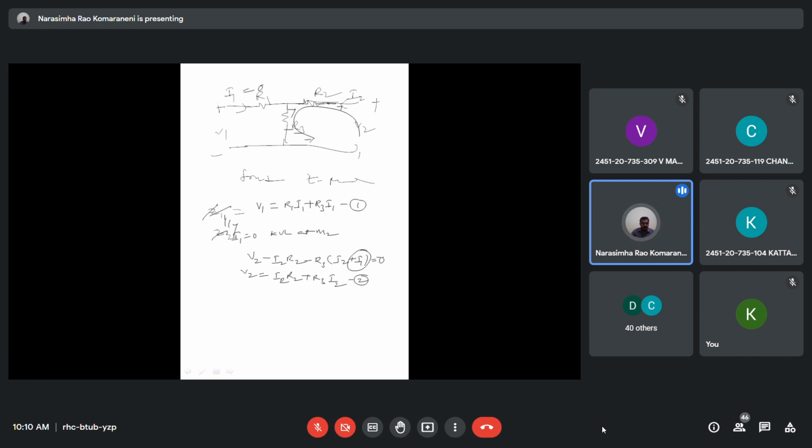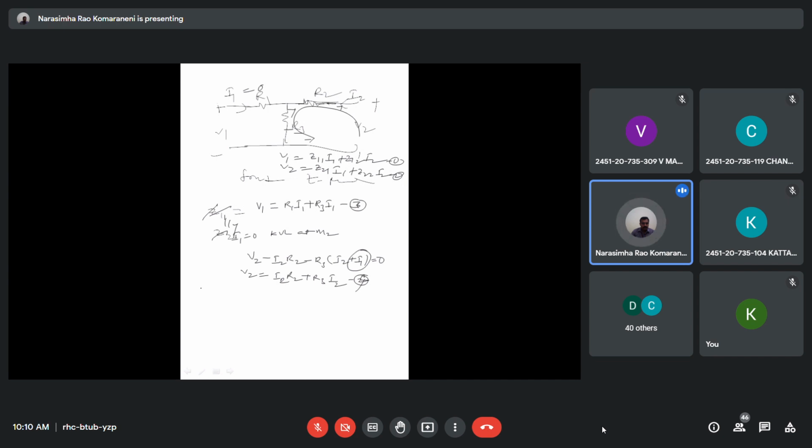Clear? Now compare equations 3 and 4 with the basic equations, V1 equal to Z11 I1 plus Z12 I2 and V2 equal to Z21 I1 plus Z22 I2. These are equation 1 and equation 2.